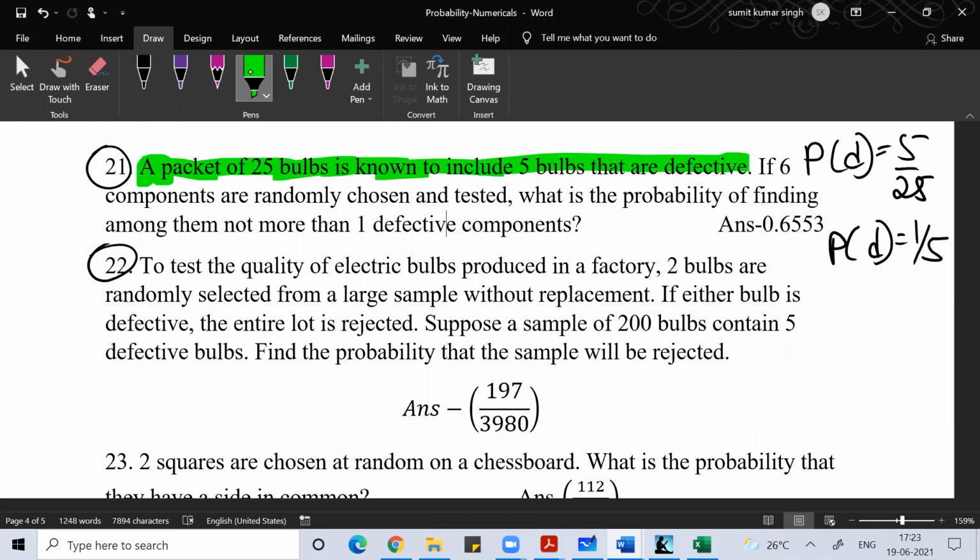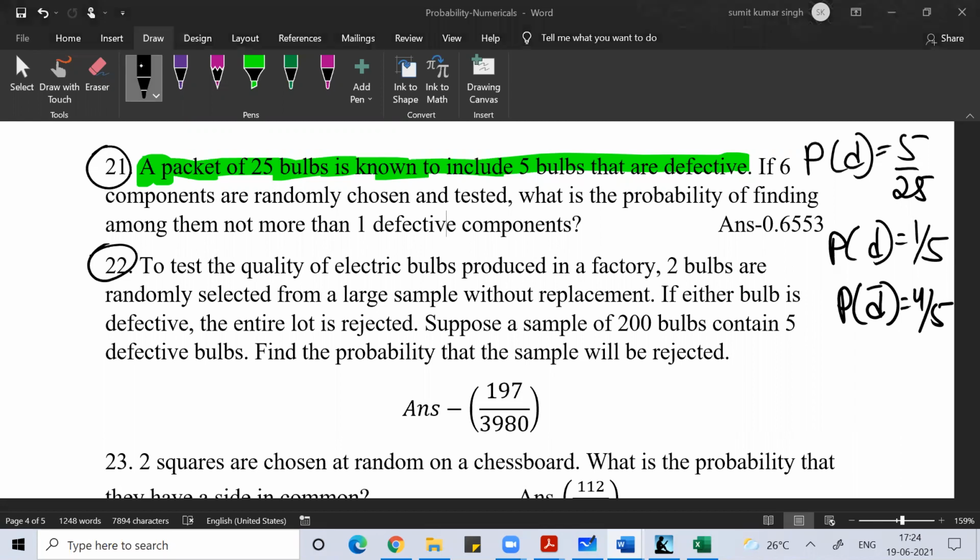So whenever I choose a bulb from that packet, the probability of getting a defective bulb is 1 by 5. Then the probability of getting a non-defective bulb would be 4 by 5. I hope you're understanding.